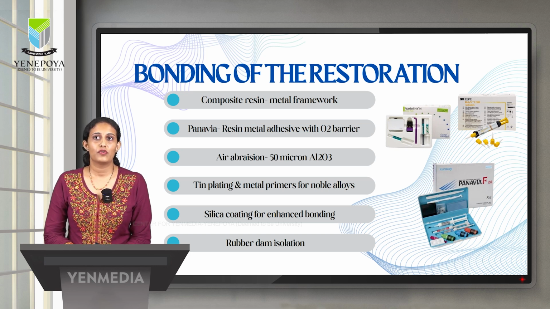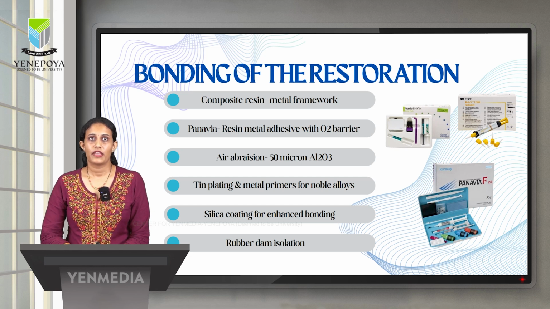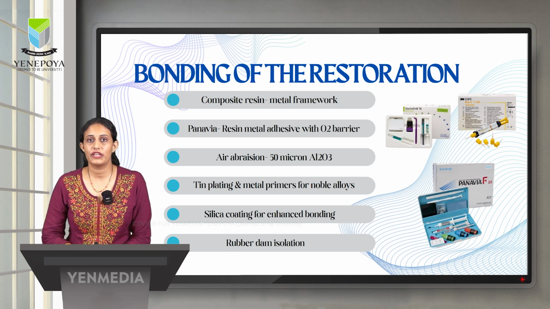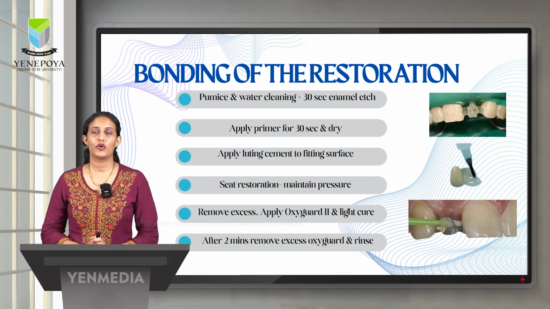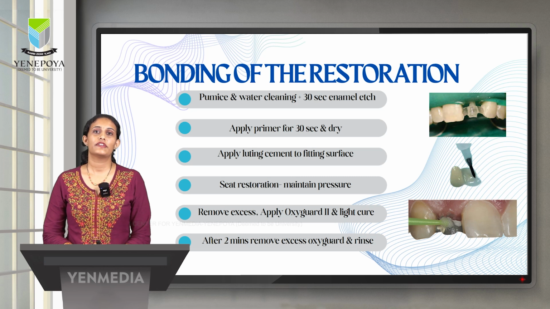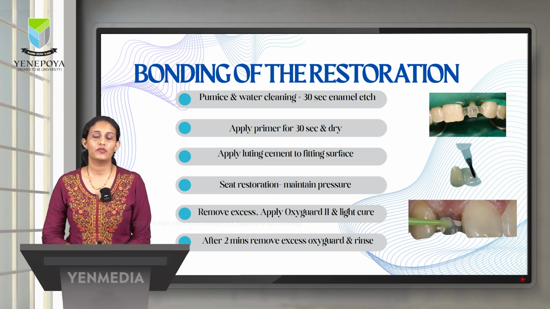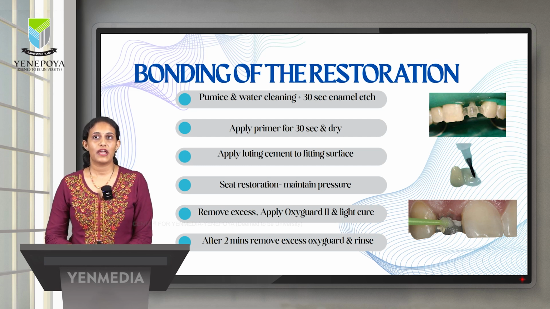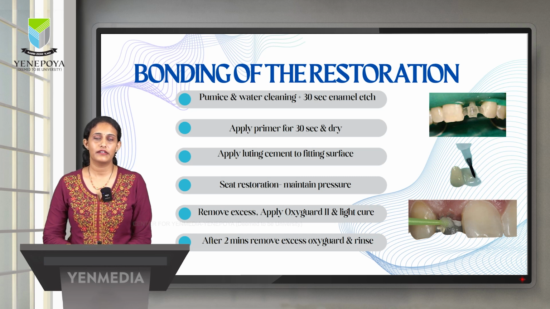The use of silica coating enhances the bonding, and rubber dam isolation is a must to reduce the risk of debonding. Now moving on to the bonding procedure, the tooth surface that has to be bonded has to be cleaned with pumice and water, and the enamel has to be etched for 30 seconds. Apply the primer for 30 seconds and dry it.